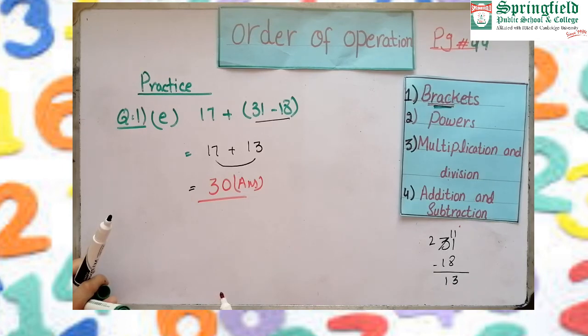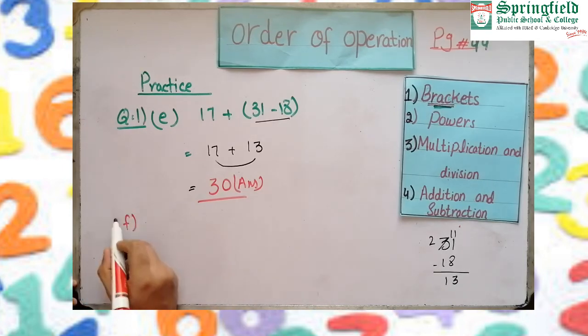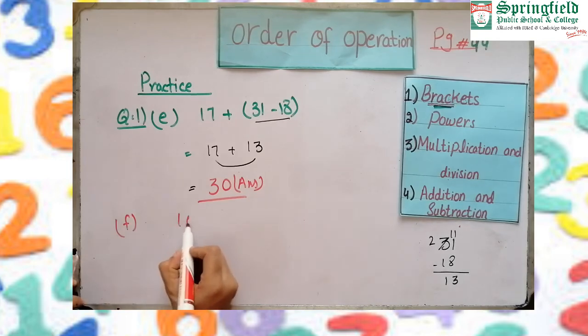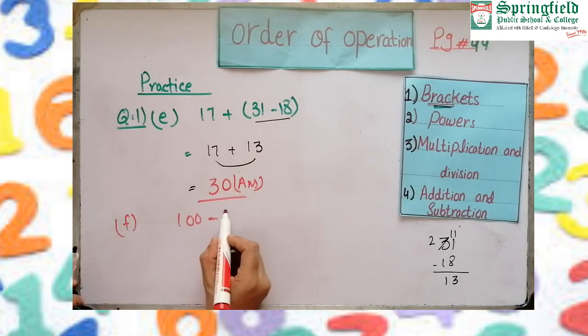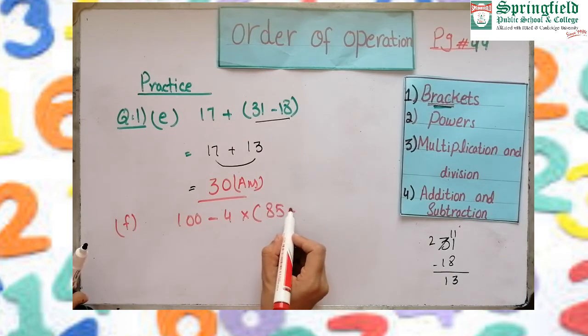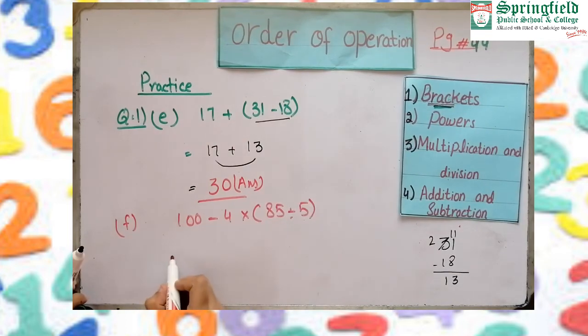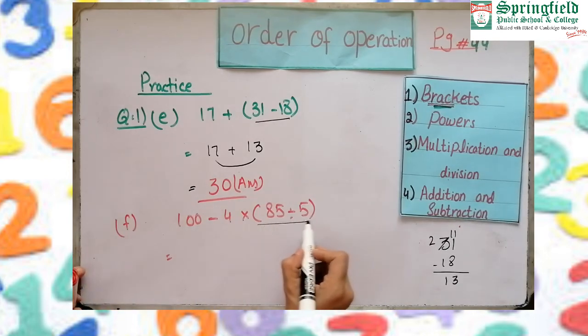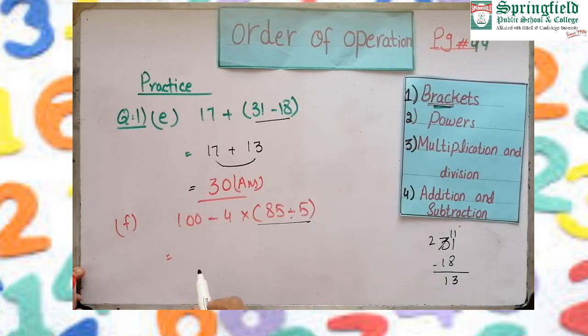And now come on the last part, F part. And F part is 100 minus 4 multiply 85 divided by 5. So which operation will we solve first? First we will solve brackets, then we will come on the multiplication and division, and then at the end we will do addition and subtraction.